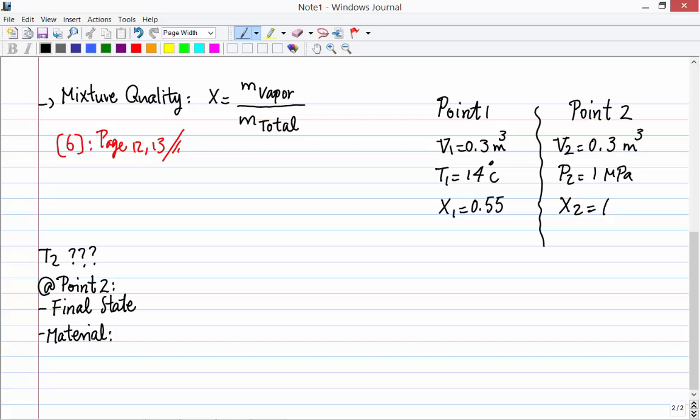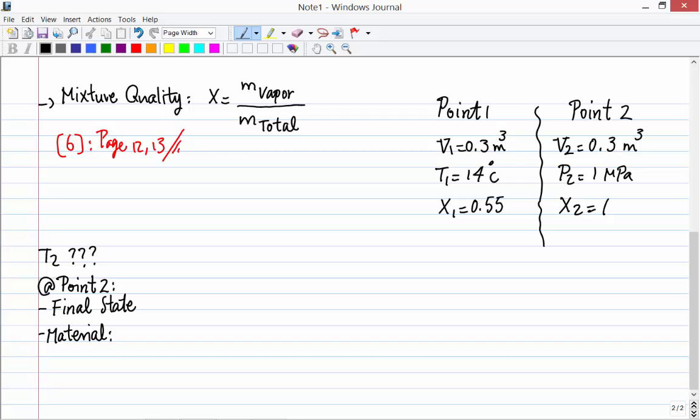You need to clearly specify for yourself what the material is, because then you need to go to the corresponding table, and you might get confused, the material is R134A and you go to the water table and everything would be wrong. Please, it's frustrating, but please write it.